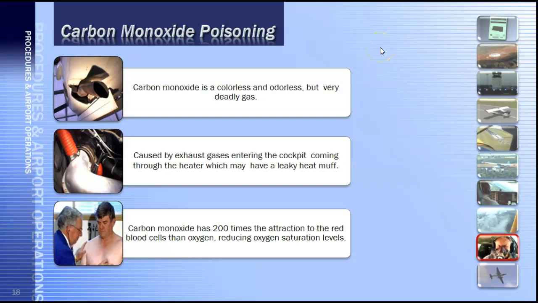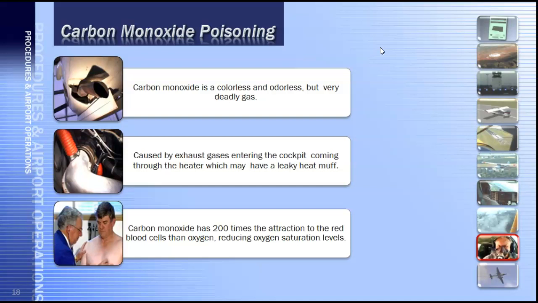Carbon monoxide poisoning is a common issue for pilots in flight. Carbon monoxide is a deadly gas, but you can't smell it and you can't see it. It's caused by exhaust gases somehow getting into the cockpit, and a common entry point is through the heater, because the heater in a general aviation aircraft usually gets its heat from the exhaust system.